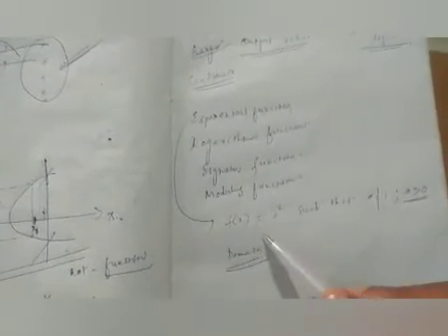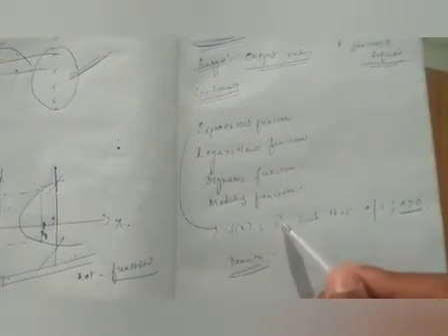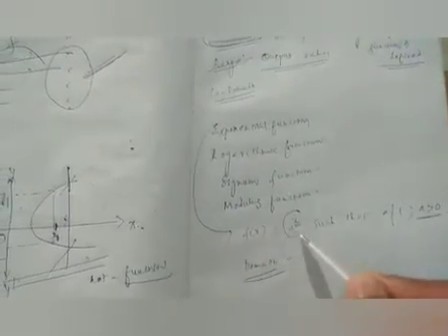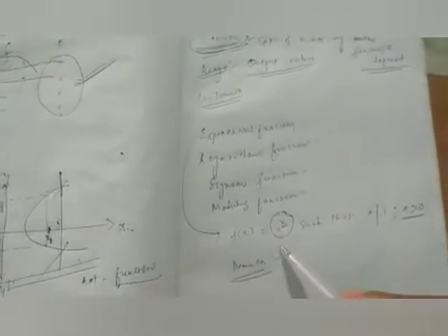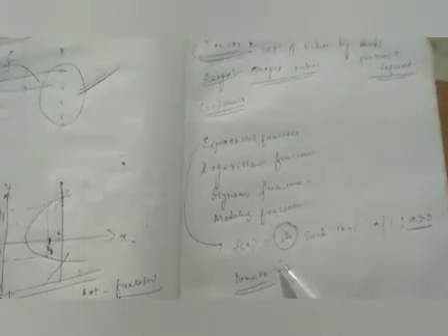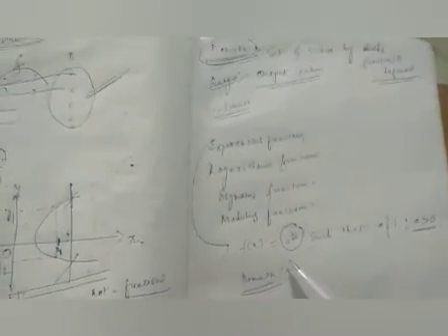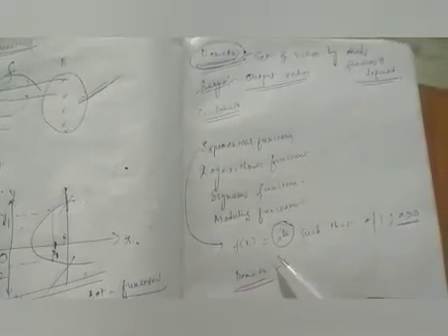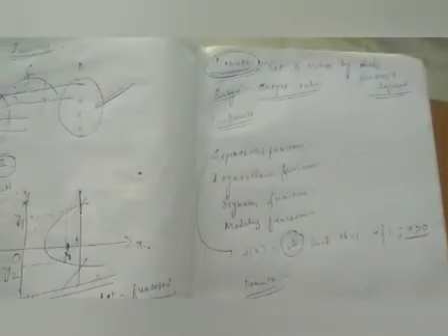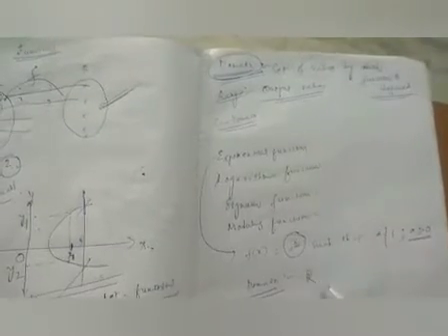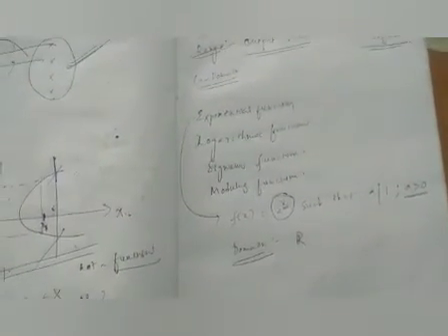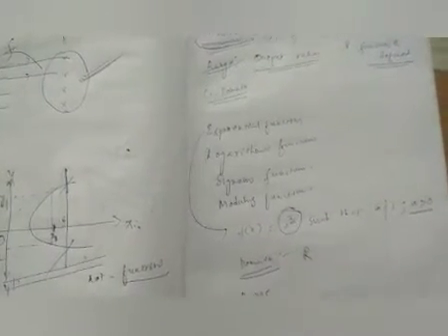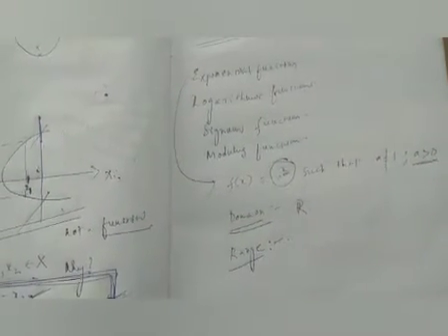F of x equal to a power x. What are the set of values of x such that a power x is defined? A power x is defined for every value of x, so I think the domain is R. Now let us get its range.